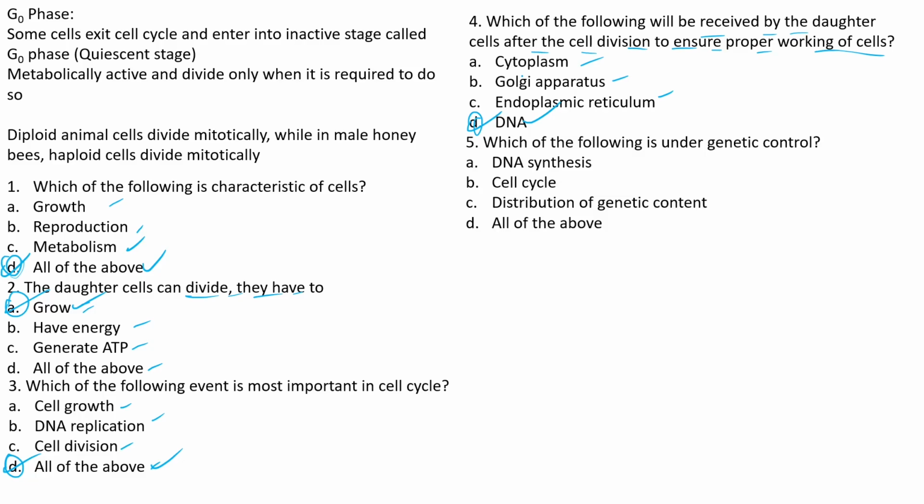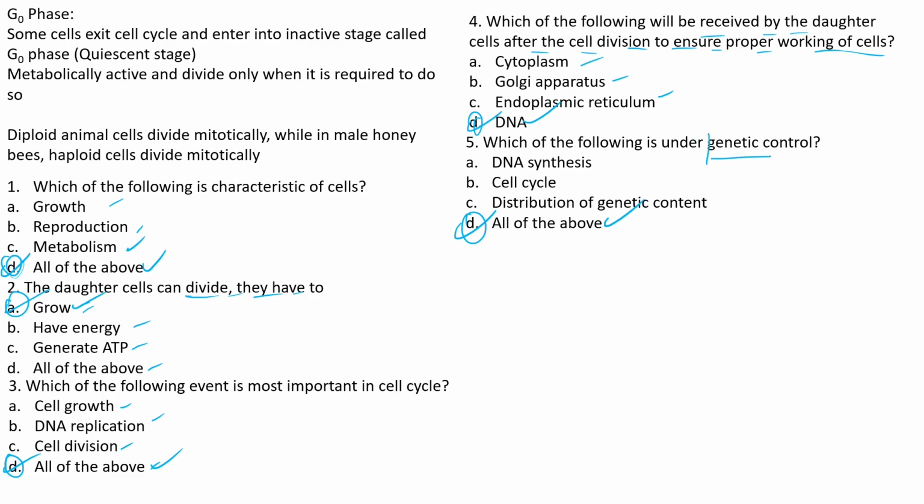Now, which of the following is under genetic control? DNA synthesis, cell cycle, distribution of genetic content, all of the above, and interestingly, all of the above is the answer. Whatever we have discussed about the interphase and also the M phase, the whole cell cycle process itself, is under genetic control.